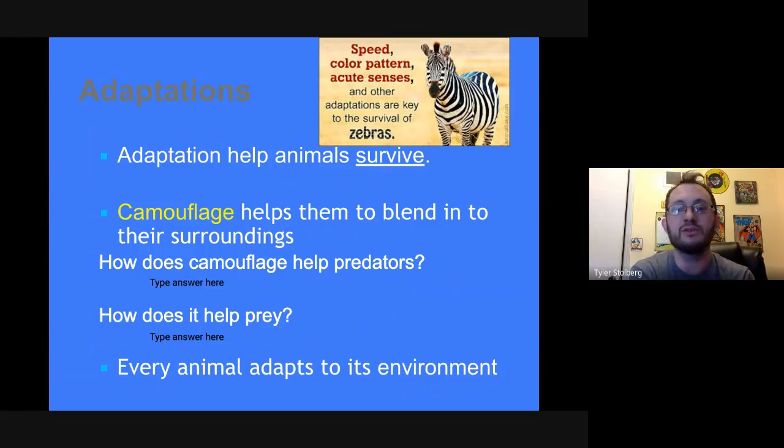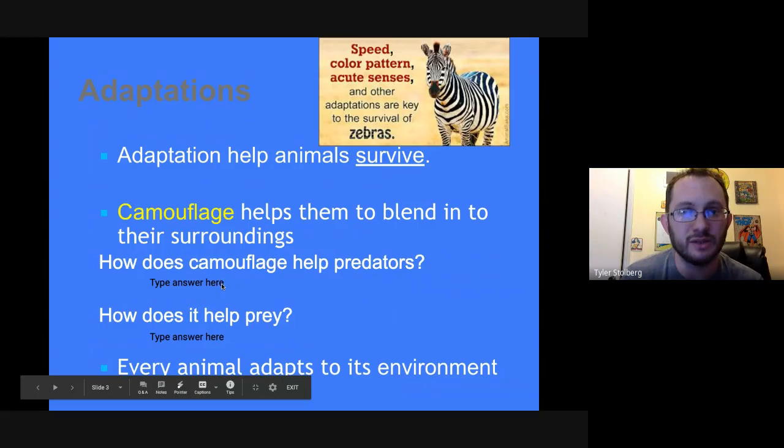So they can blend into their surroundings. So how does that help predators? The Arctic fox is going to be a predator. How would that help them? And then prey, like a bunny that lives in the snow, is going to be white colored. How does that help the prey? So you're going to type the answers to those two questions here.